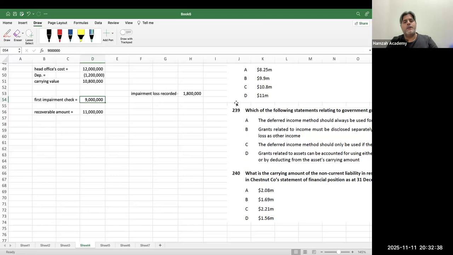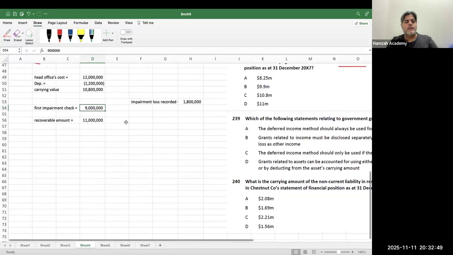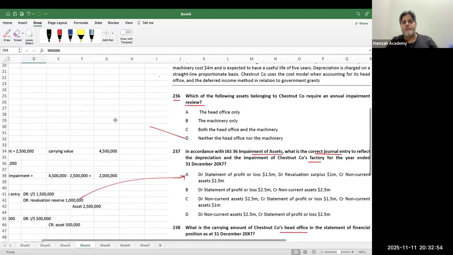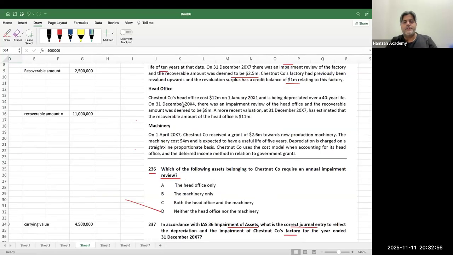So overall speaking, how much extra would we have recorded over here? And this is something we are simply going to account for. Let's say this is the 12 million, because on 31st December, the impairment review recorded it at 9 million. Now at 31st December, it's at 11 million. So 5, 6, 7, 3 years of extra depreciation has been charged on the 9 million over here, right?